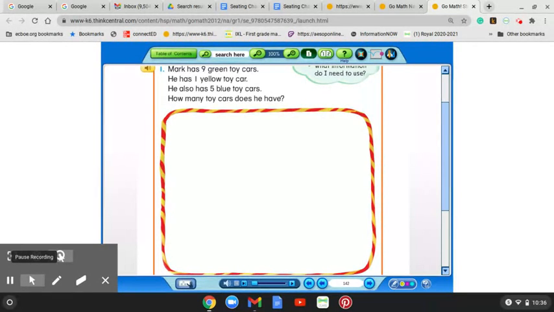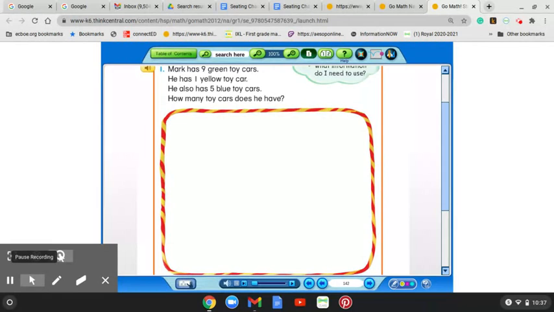Okay, now then, we're going to show how that we can draw a picture like we did early on in our adding our numbers together, and that we can add these numbers up this way. Now, this is the only one we will do like this, just to show you how you can do this. The rest of the ones that we do today, we will use our 10 frame.